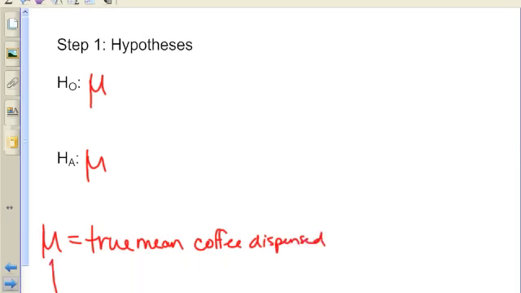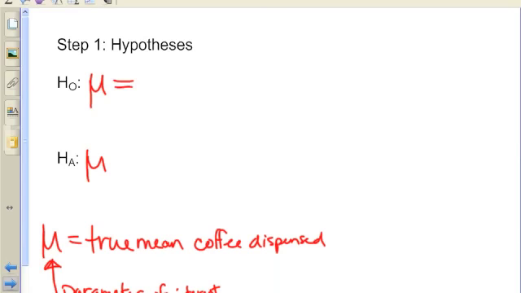By the way, this cute little thing is called the parameter. Right? Parameter. It's a true value of interest, meaning it's the thing we're looking for or we're interested in talking about.